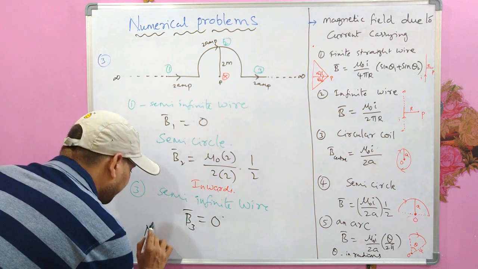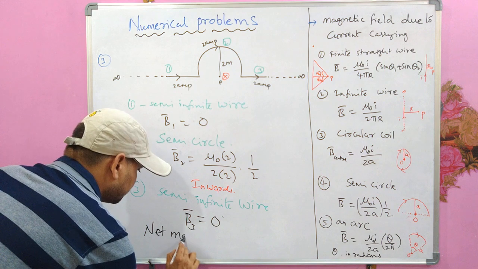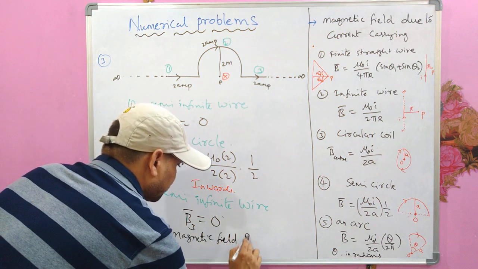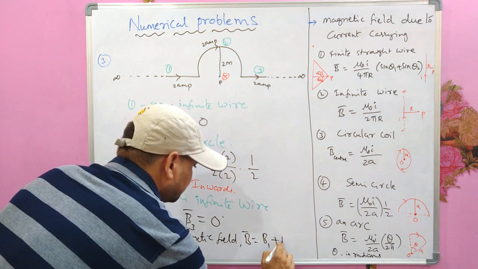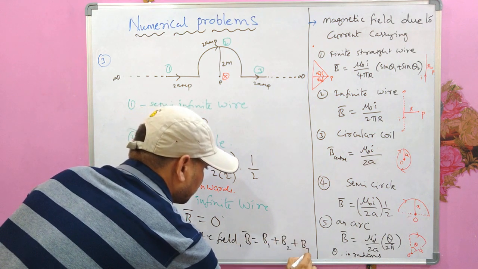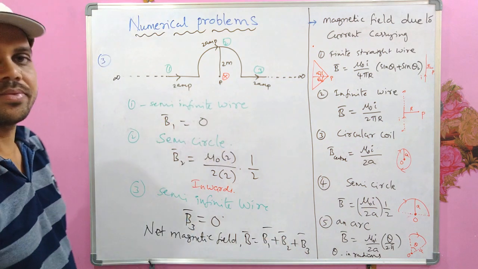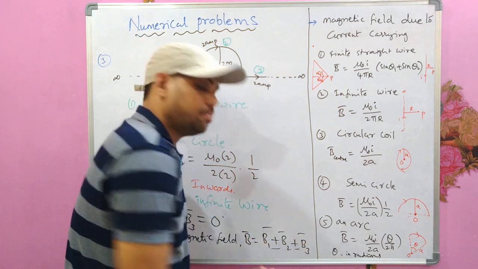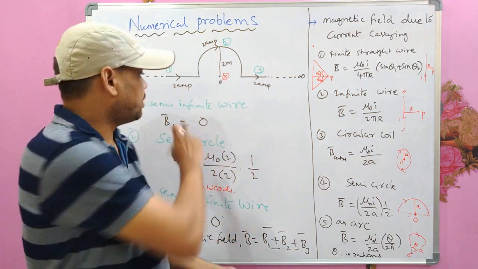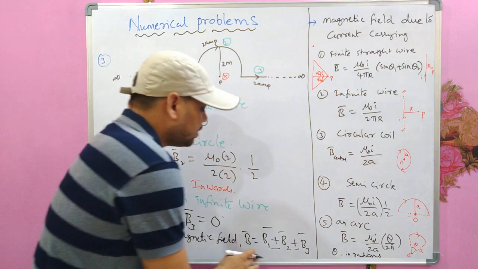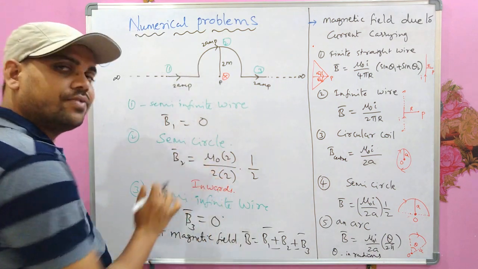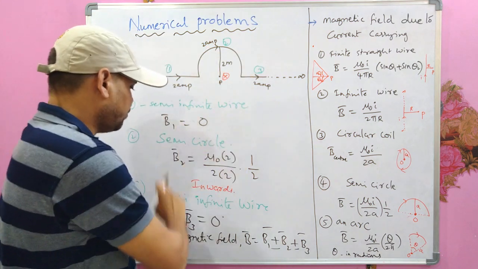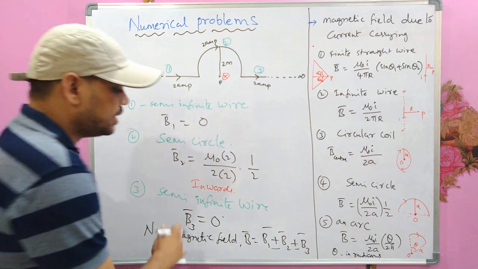So the net magnetic field B will be B1 plus B2 plus B3. It is an algebraic sum, maybe plus or minus, depending on the direction of the magnetic field. But here we only have the magnetic field due to the semicircle, and due to the two semi-infinite wires there is no magnetic field.